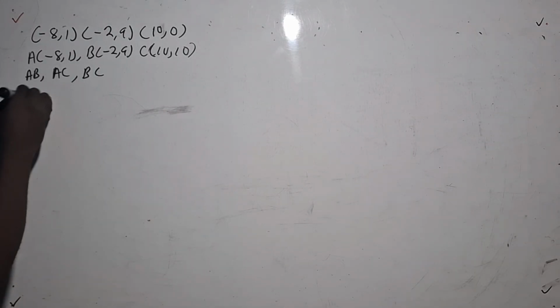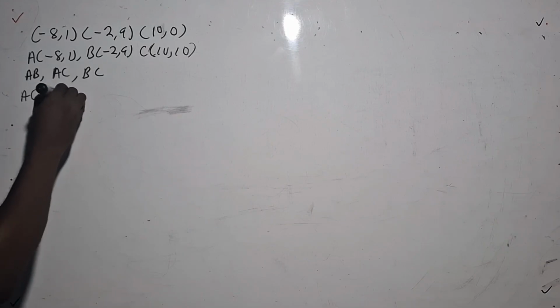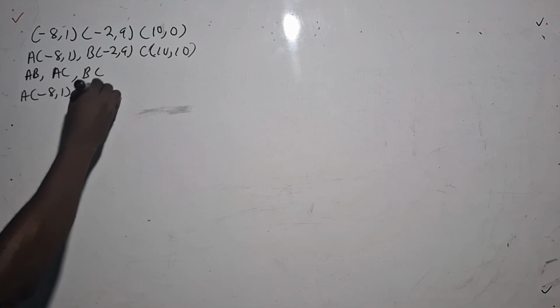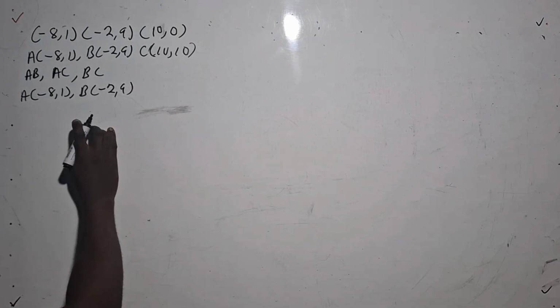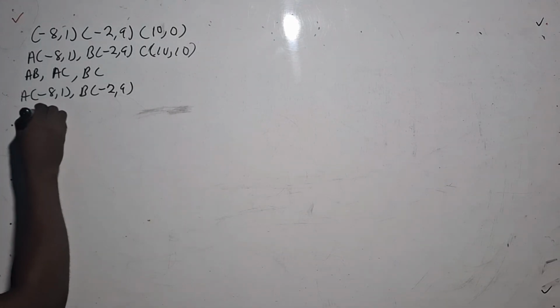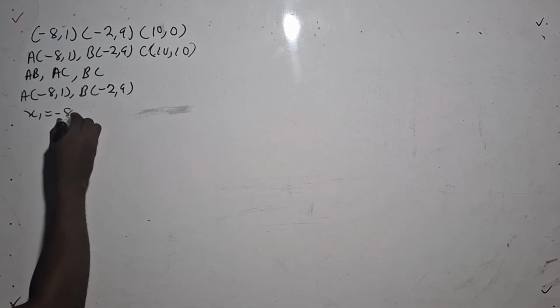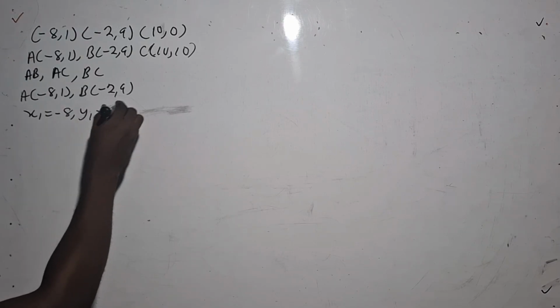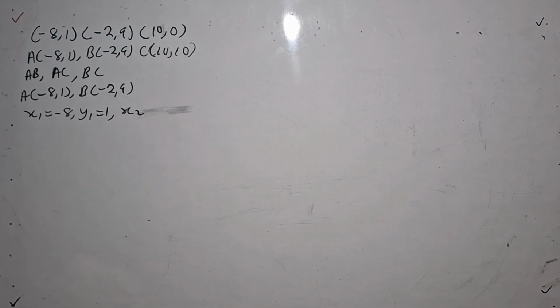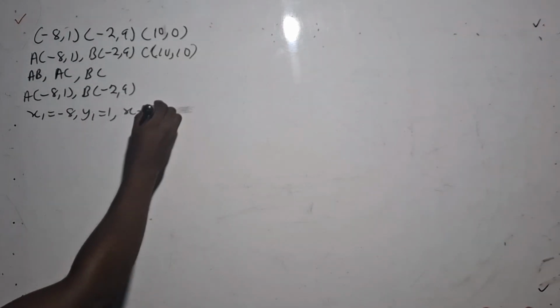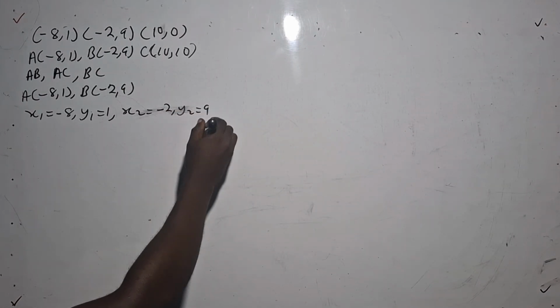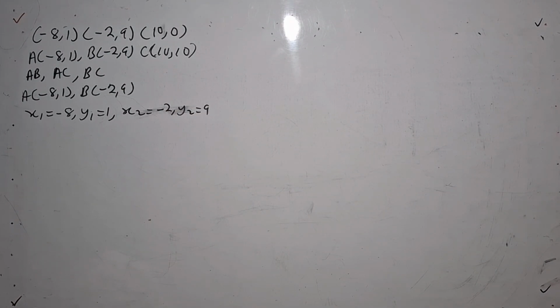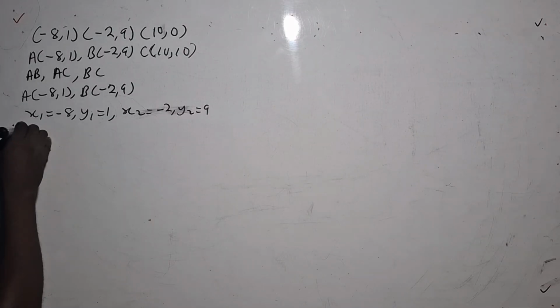So vertex A is negative 8, 1, then B is negative 2, 9. With this, x1 is negative 8, y1 is 1, then x2 is negative 2, then y2 is 9. So let's find the length of AB.